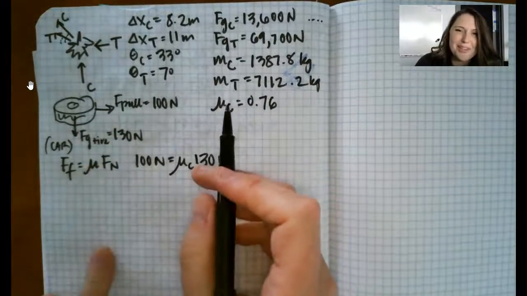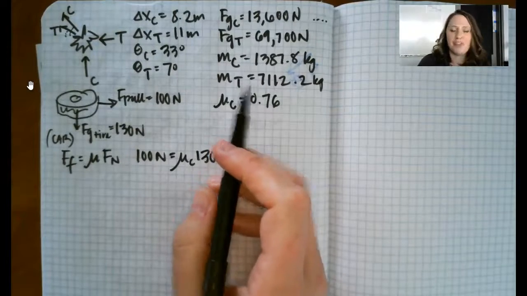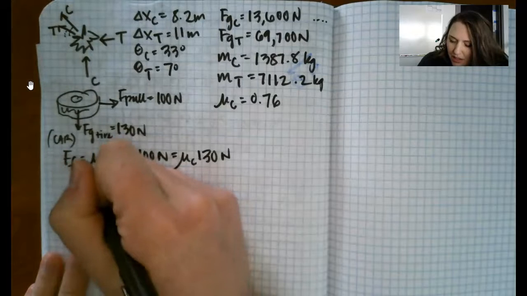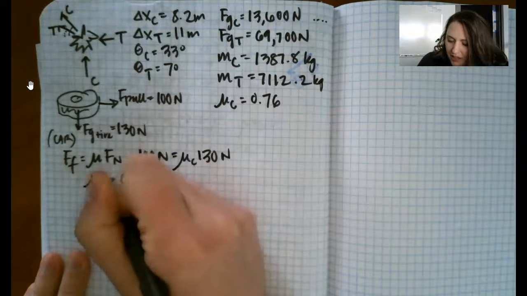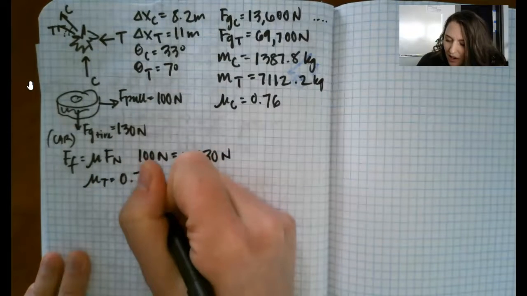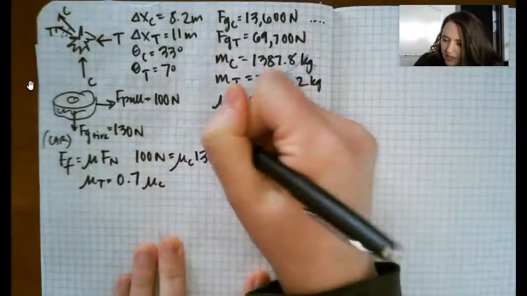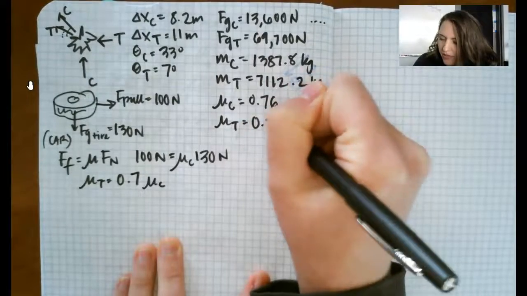And then they did tell you that for engineering or mechanical or manufacturer's reasons, the truck's coefficient of friction is equal to 70% of whatever the coefficient of friction of the car is. So that means that the coefficient of friction for the truck is 0.54.